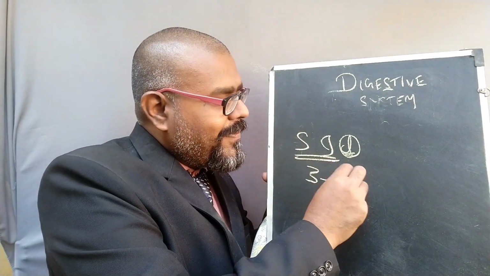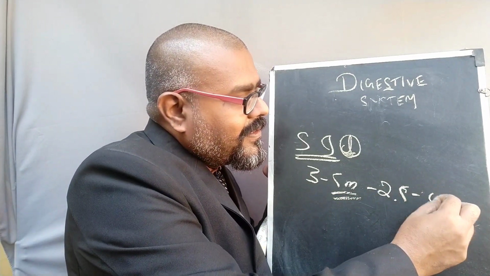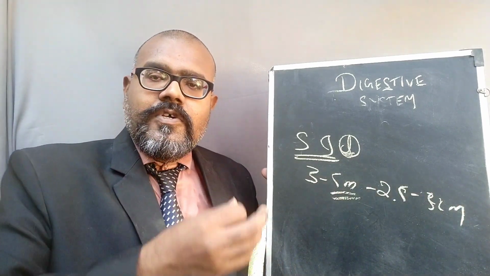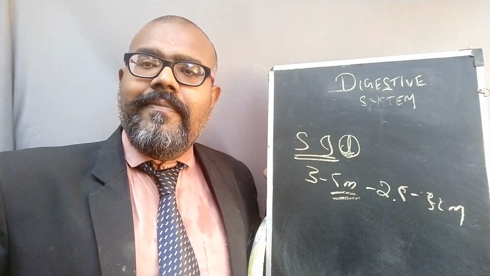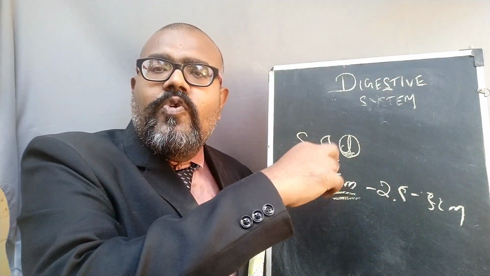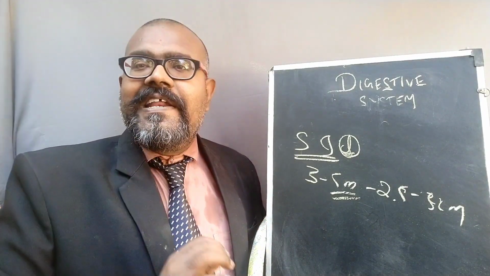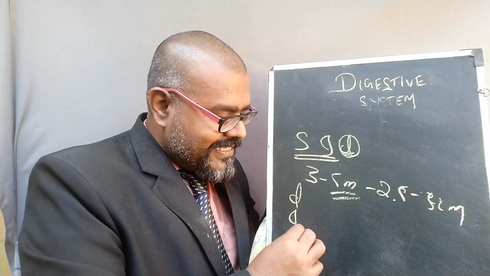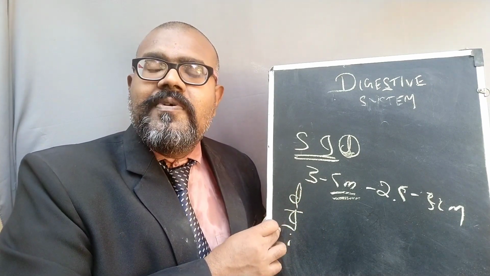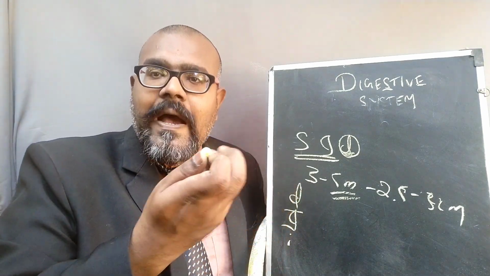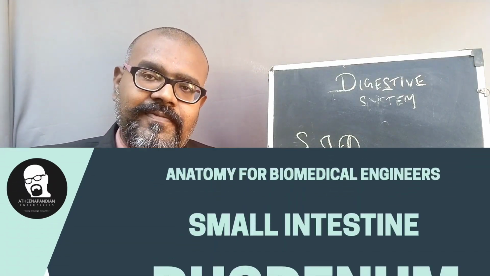It is around 3 to 5 meters long, with a diameter of around 2.5 to 3 centimeters. The small intestine consists of 3 main regions: the duodenum, jejunum and ileum. These 3 regions are responsible for digestion, especially the absorption of nutrients. The absorption of nutrients happens in this small intestine region.